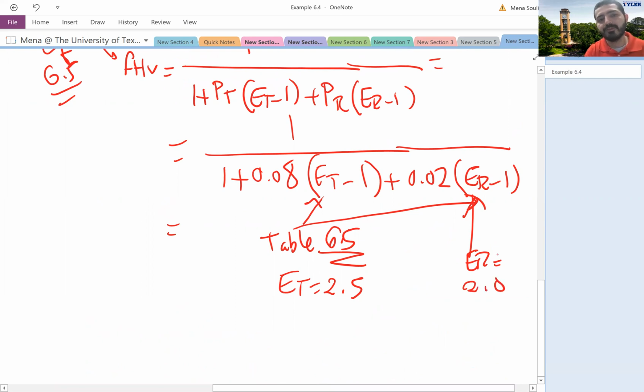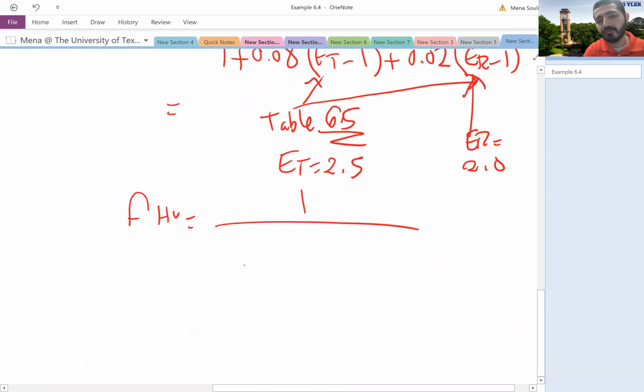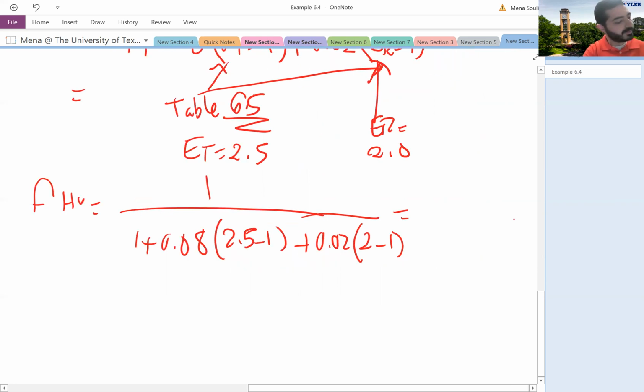So if you replace these two numbers, FHV will be equal to 1 over 1 plus 0.08 times 2.5 minus 1 plus 0.02 times 2 minus 1. And this whole number is going to be equal to 0.877.